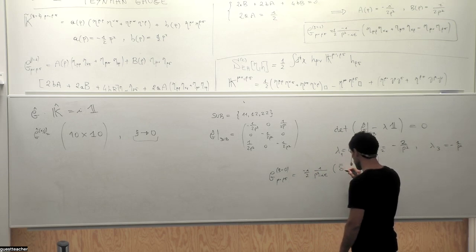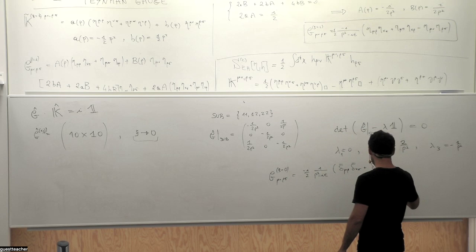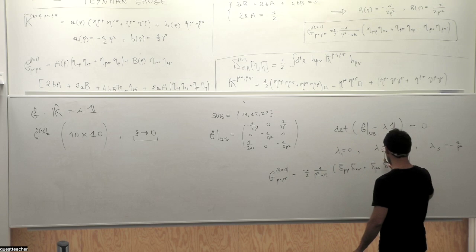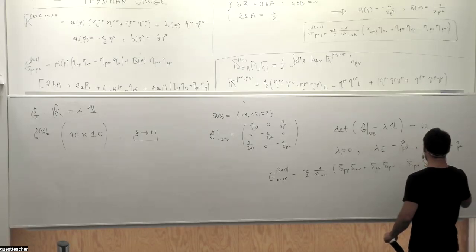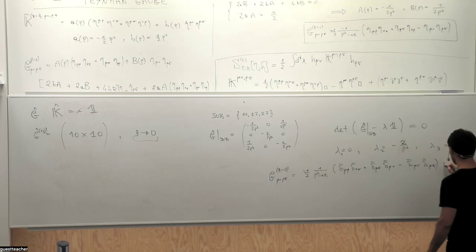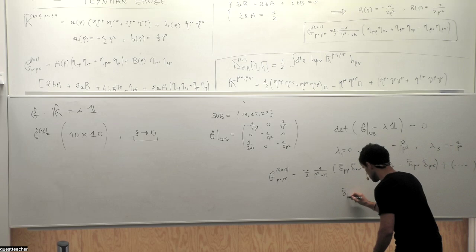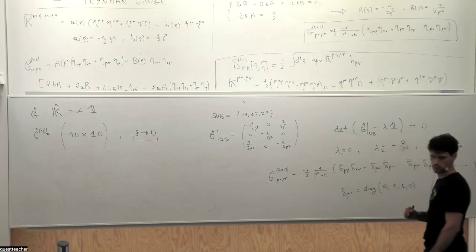Let me introduce this object, delta bar, which is nice. Plus something. And this delta bar, basically, is just a diagonal matrix 0, 1, 1, 0.